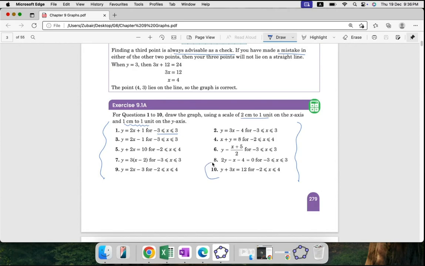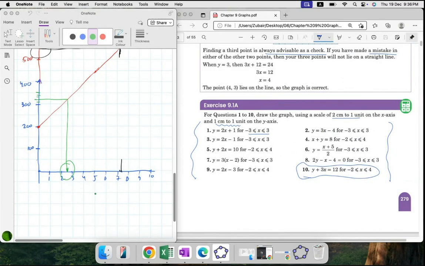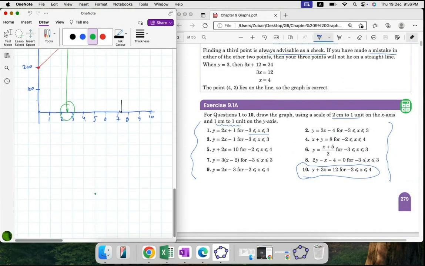Try this 10th, make a sketch and share the picture on WhatsApp. If you don't have graph paper right now, just use less details and draw this.